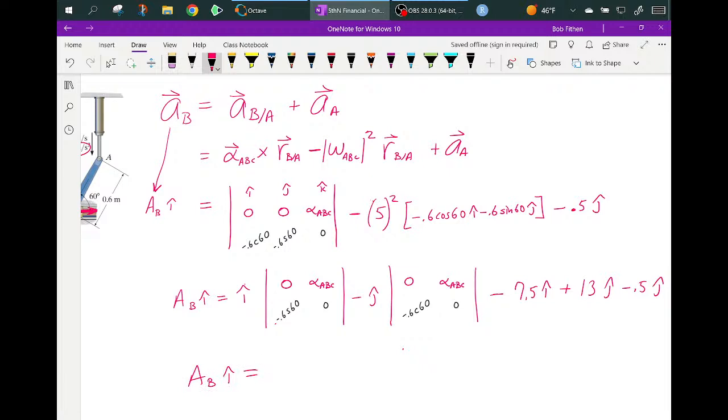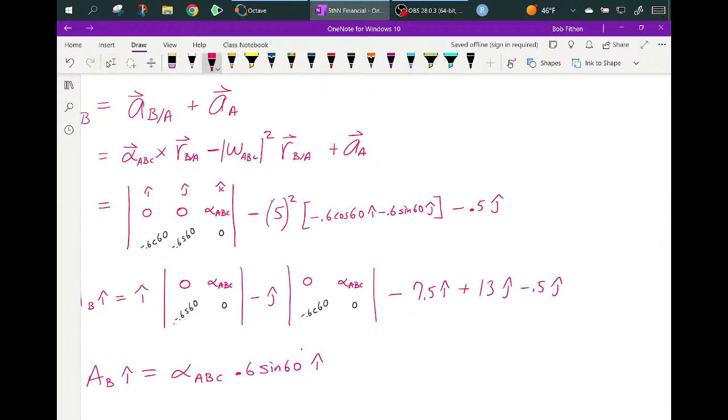Equals to this and that. Second one being a minus, but it's already a minus. It's going to be alpha ABC 0.6 sine of 60. That is going to be the I component.